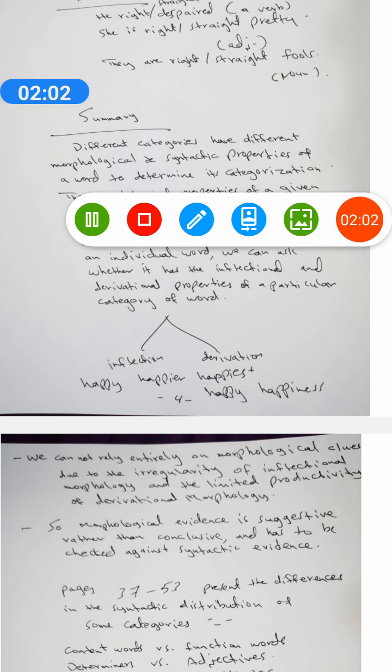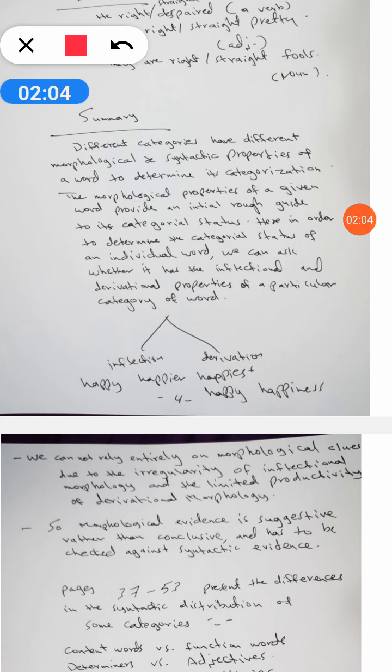As in this example, a word like happy, because it can be inflected into the comparative degree, happier, and the superlative degree, happiest, it should be classified as an adjective, because only adjectives, and by the way, some adverbs, can be inflected for the comparative and the superlative degree.